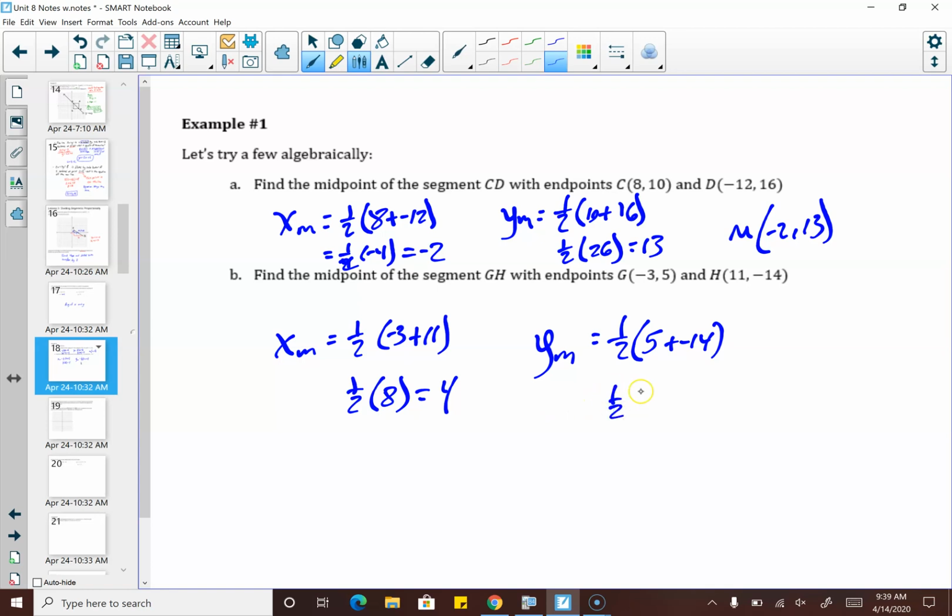That would give us half of -9. You could leave it as -9/2, preferably not as a mixed number. But since this is going to work out nicely, I'll just make it into a decimal. So our midpoint there would be (4, -4.5).